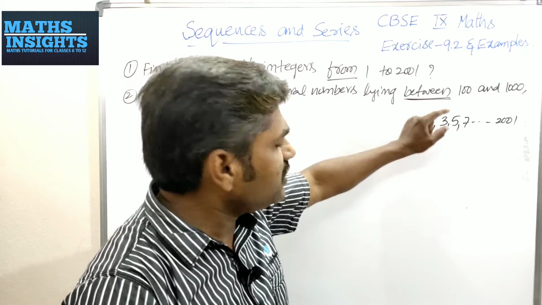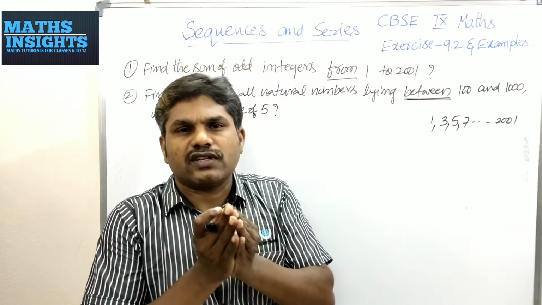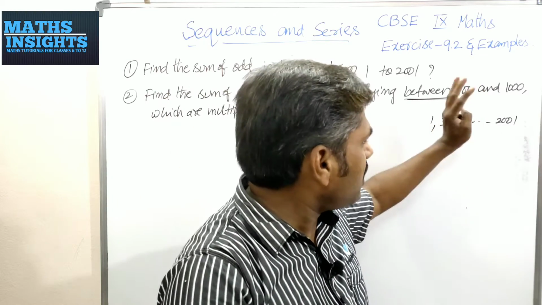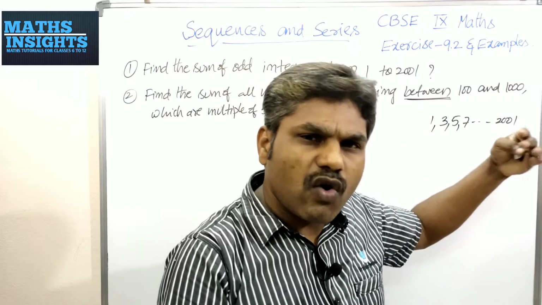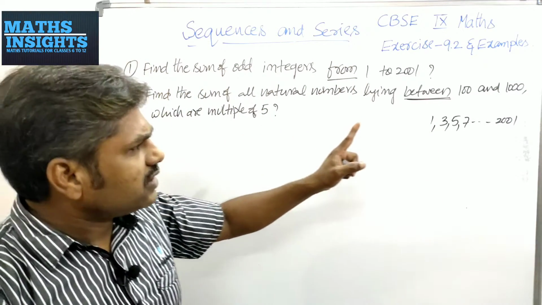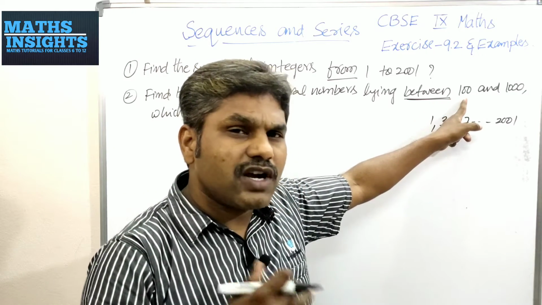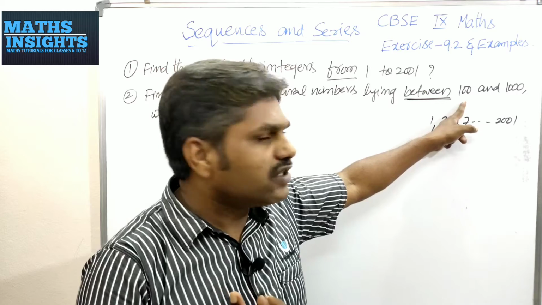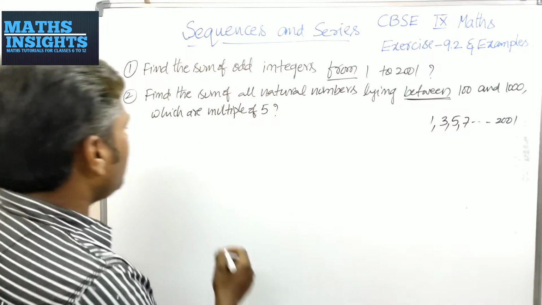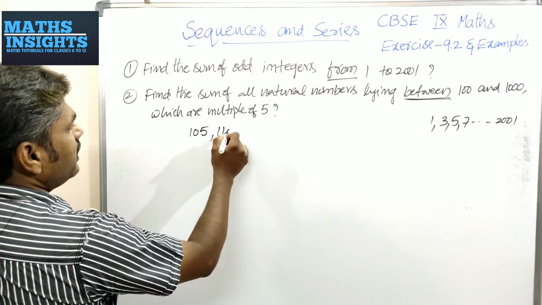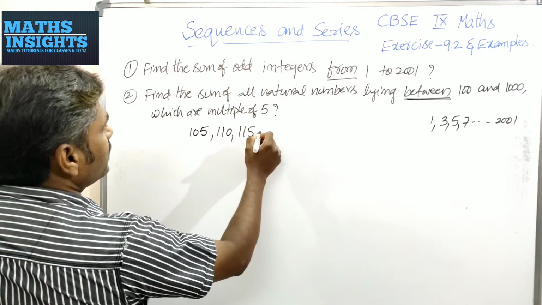But here between means in between. You should not take the extreme numbers, 100 and 1000 will not be counted. Multiples of 5: 100 is a multiple of 5, but 100 is not taken into account. So 105, 110, 115 and so on.